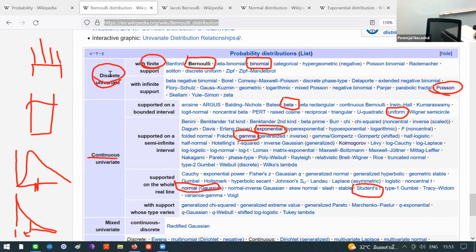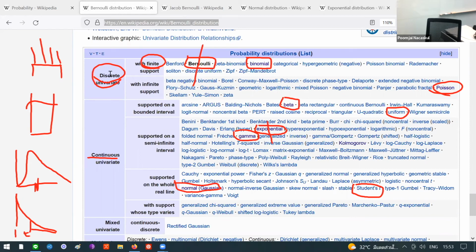But as far as your livelihood goes, whatever distribution you see in life, whatever data you see in life, I'm just going to cross out Bernoulli because Bernoulli is like binomial. So in your shopping list, I'm going to cross this as well. Exponential is a little bit like a special case of gamma.